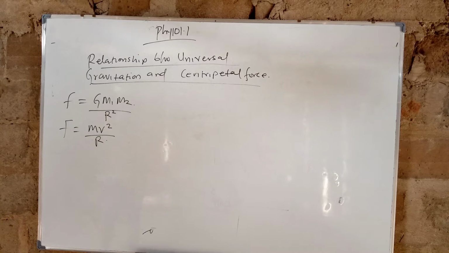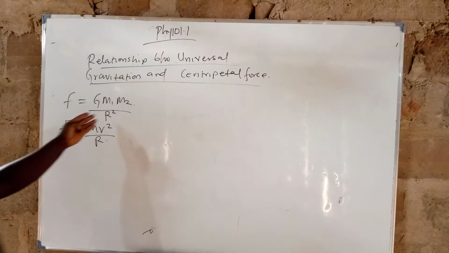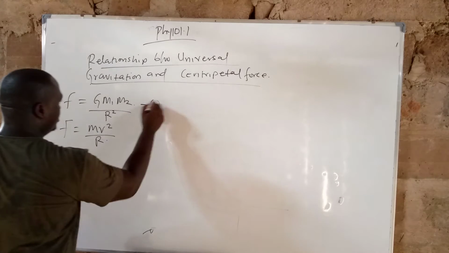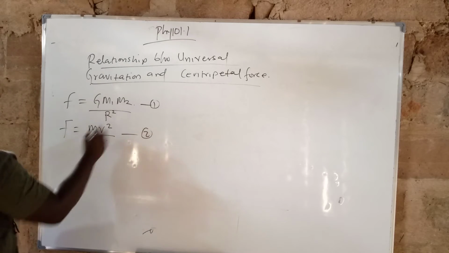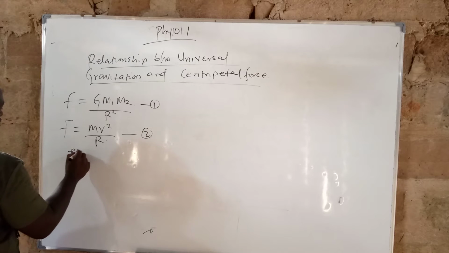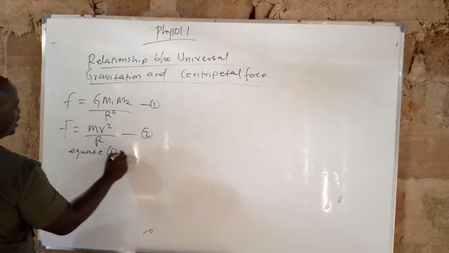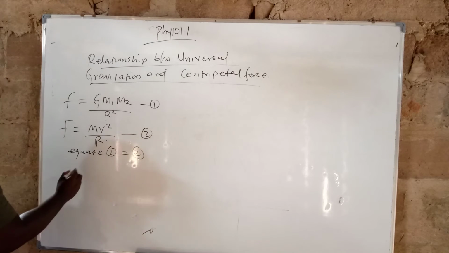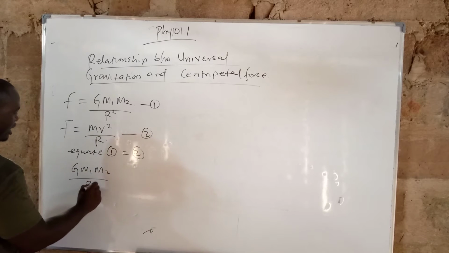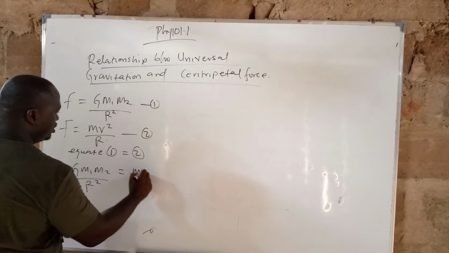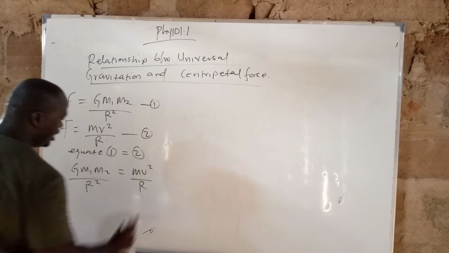Like I said, let me call the gravitation force equation 1, and let me call the centripetal force equation 2. That means I can equate 1 to 2. That means G m1 m2 all over r squared equals m v squared all over r.